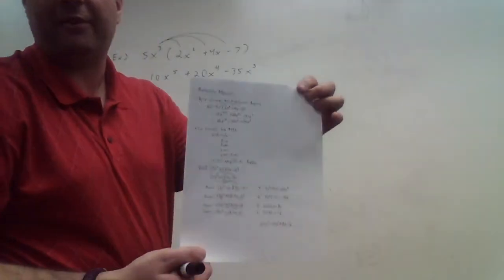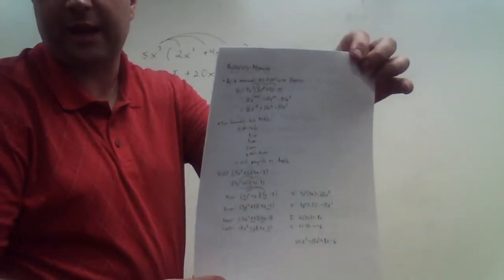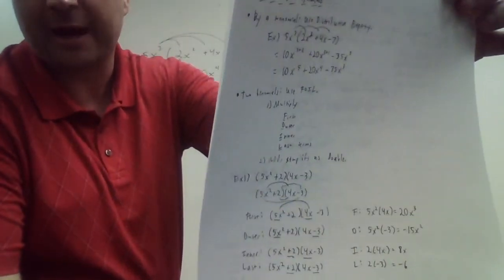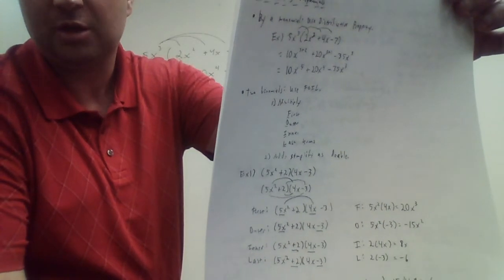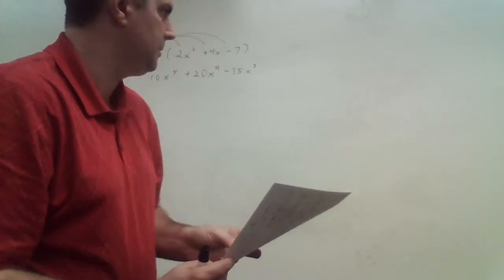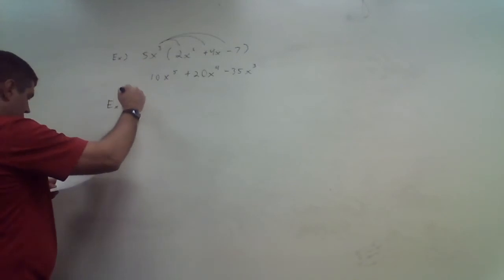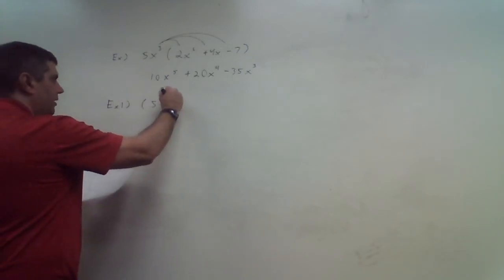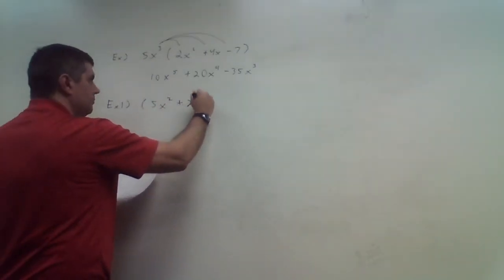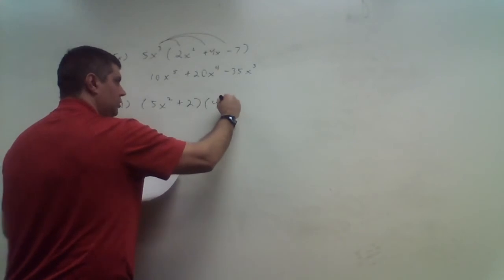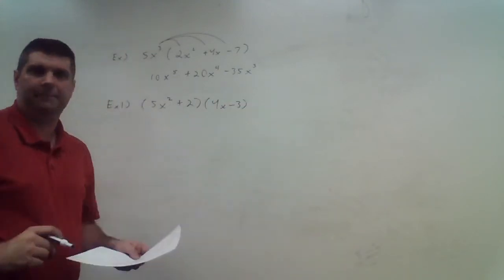Next, I'm going to talk about the most common types of problems you will encounter, and that is multiplying binomials by binomials, 2 terms by 2 terms. The method is generally to use what's called the FOIL method. Okay?